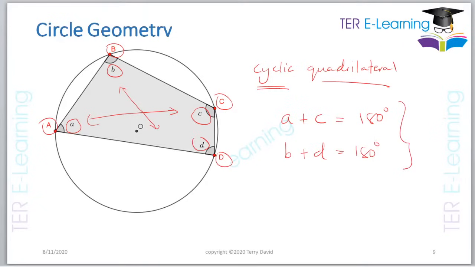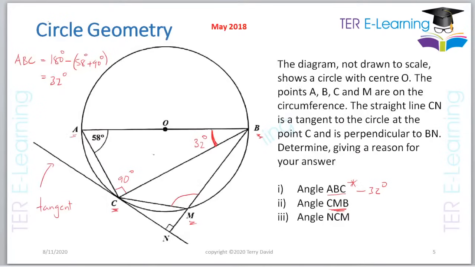So let me go back to the diagram for the question. If we look at the diagram carefully, we look at the points A, B, C, and M. Those points all lie on the circumference of the same circle, and they form a quadrilateral, which means they are a cyclic quadrilateral.